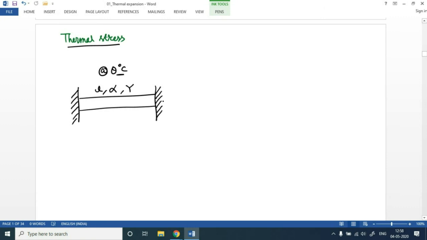Okay, so what I'm going to do over here is, when temperature is increased by delta theta, what will happen? This rod will try to expand. If this rod had been free, what would its expansion have been?